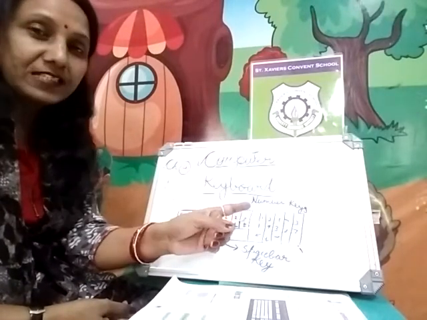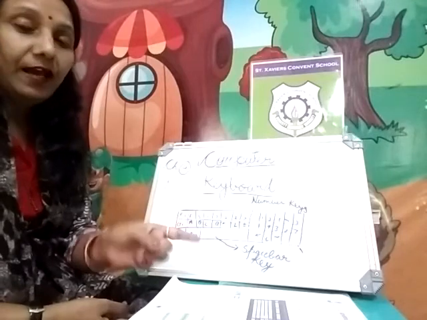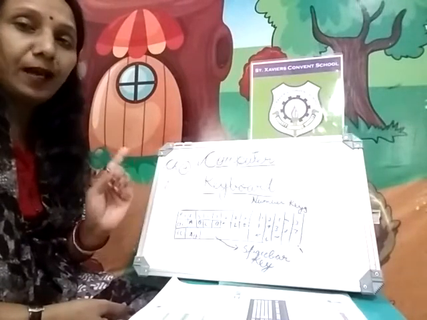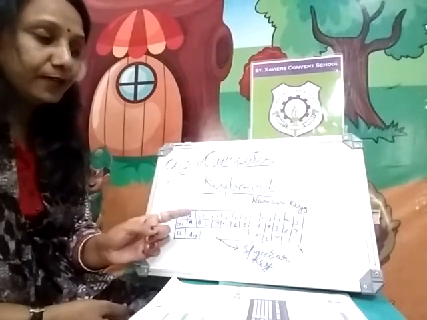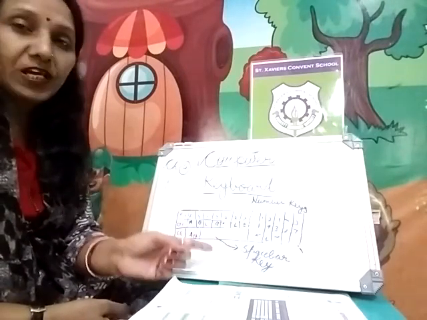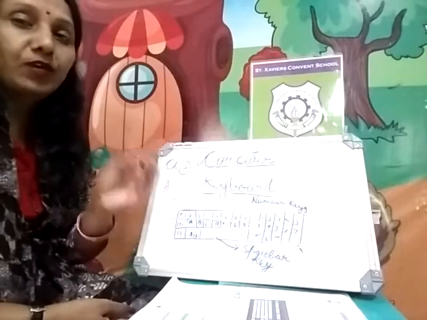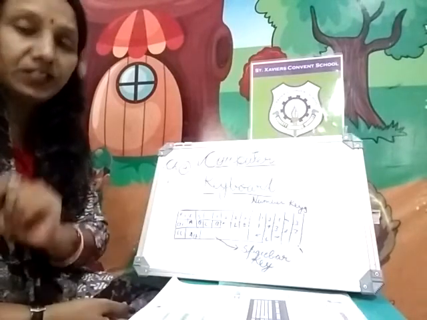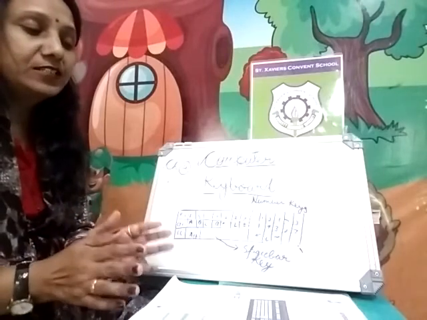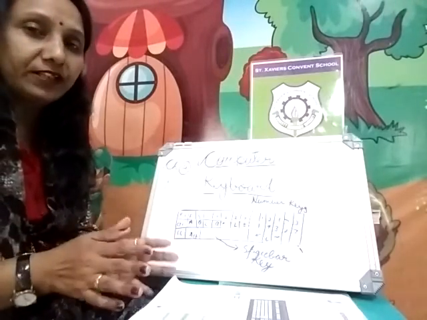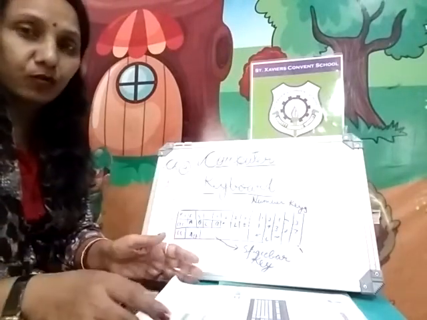Number keys help us to write numbers. Alphabet keys help us to write alphabets, words. And the space bar key helps to give spaces between the words. So that's why these keys are very important on this keyboard.